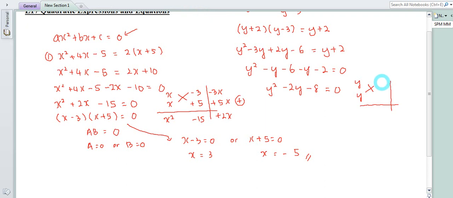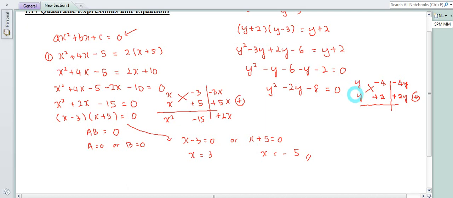Okay, so I choose 4, 2. 2y, 4y. Okay, so these two add up together, can I get negative 2y? Can, right? Here I put negative, here I put positive. Negative follows negative, positive follows positive.